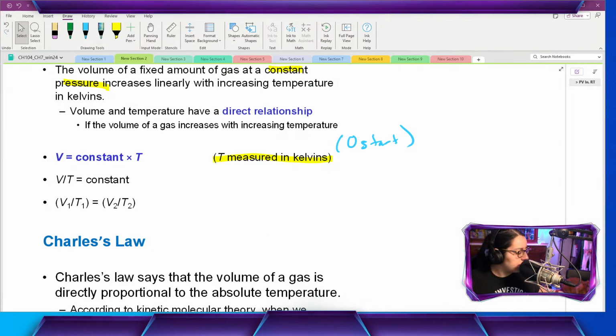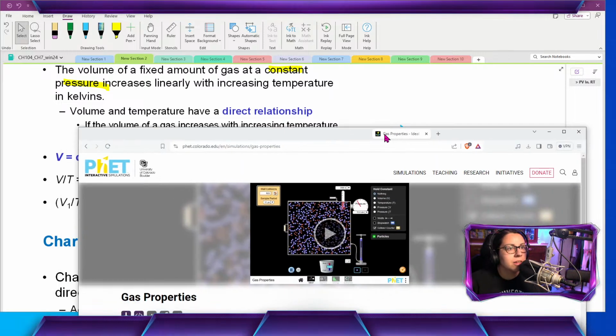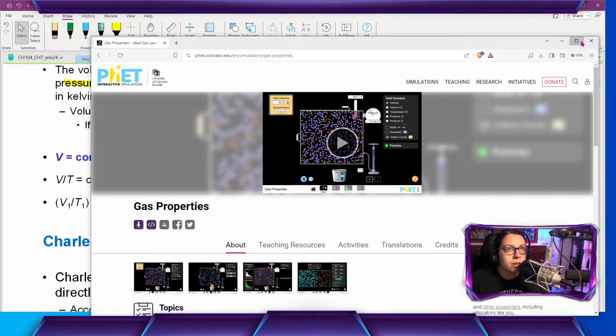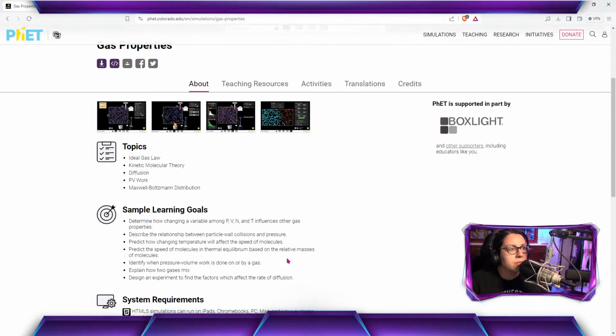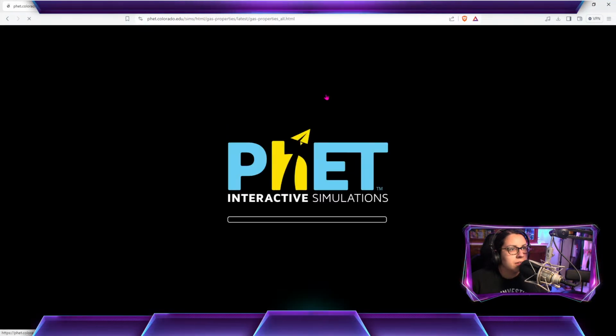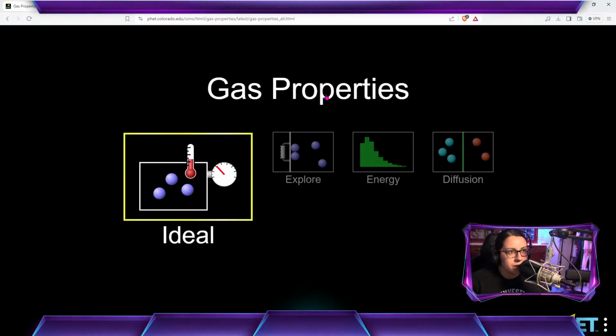And while we're here, I feel like most people have heard of these PhET simulations. They can be fun to play with if you've never seen them. I feel like they used to use them a lot in high school.